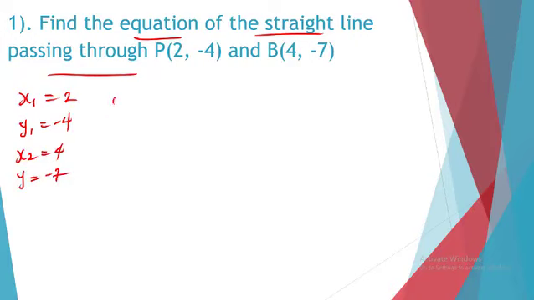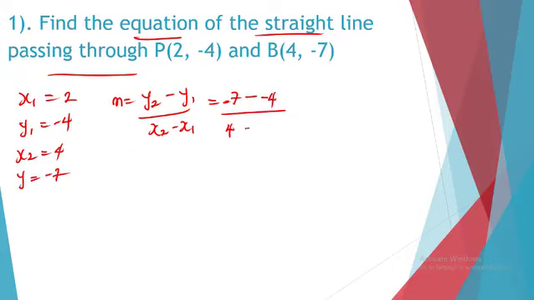So let us get the m. m is y2 minus y1 all over x2 minus x1, so that is -7 minus -4 all over 4 minus 2, which is -7 plus 4 all over 2, giving -3 over 2. So our gradient m is -3 over 2.